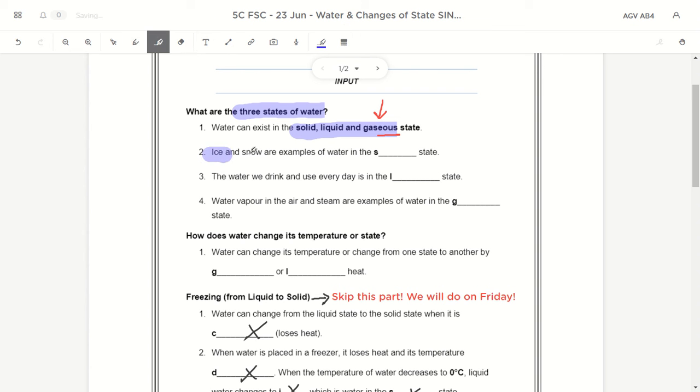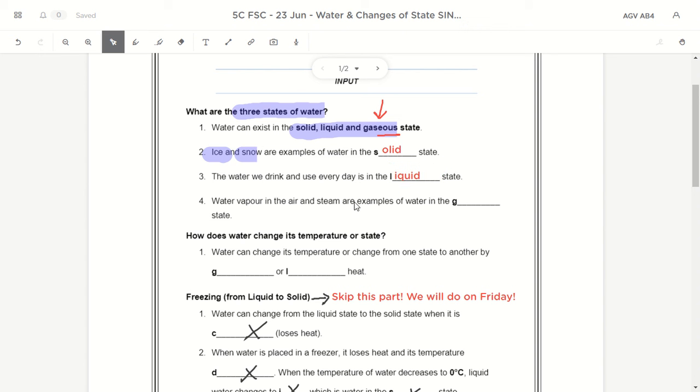Let's look at the examples of solid, liquid, and gas state of water. We know that ice and snow are examples of water in the solid state. Solid is like your table and chair, definite shape, definite volume. The water we drink from our water bottle is in the liquid state. It has a definite volume but no definite shape.